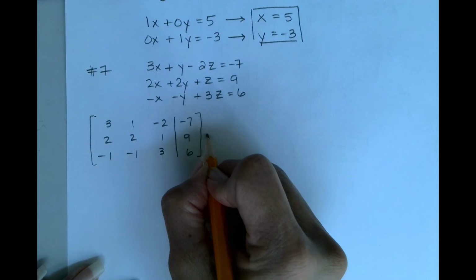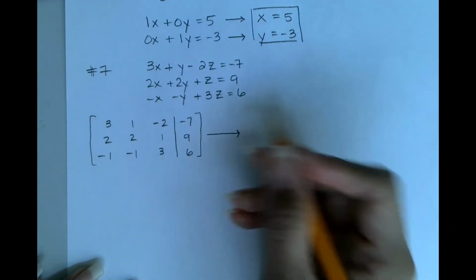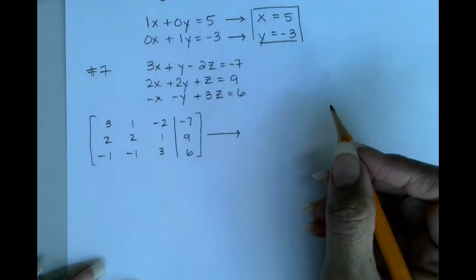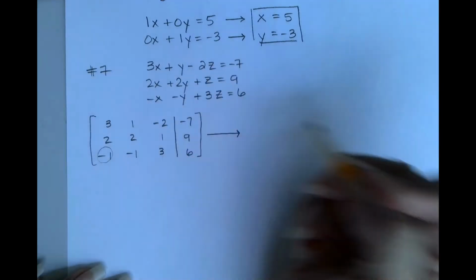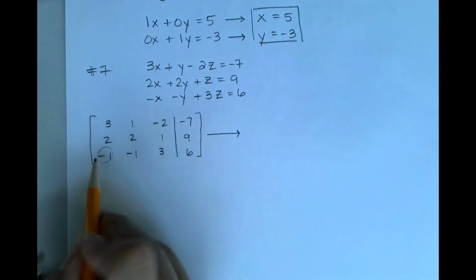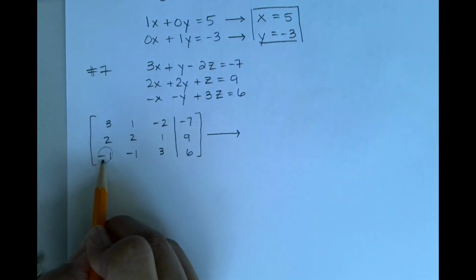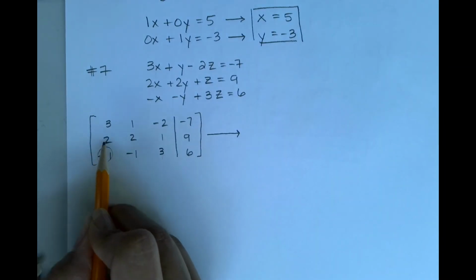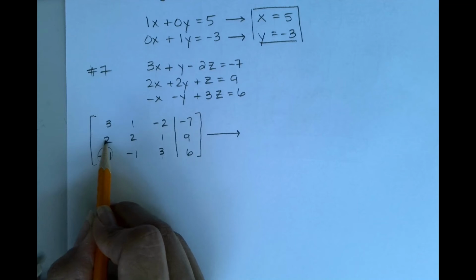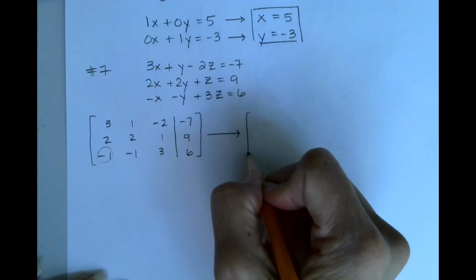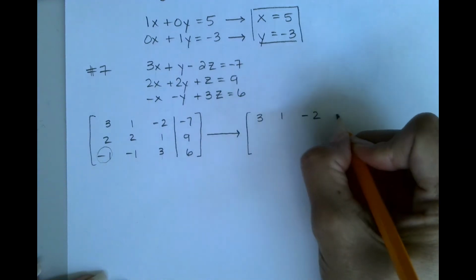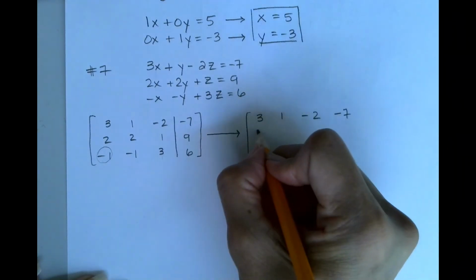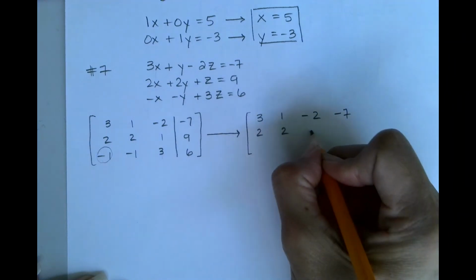First thing we're going to do is convert this into a 0. So I am going to multiply this row by 2, and I'm going to add it to this row right here. Okay? So 3, 1, negative 2, and negative 7 are not changing. This is not changing.